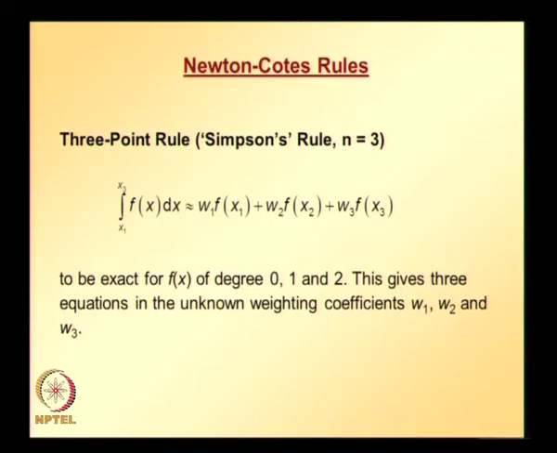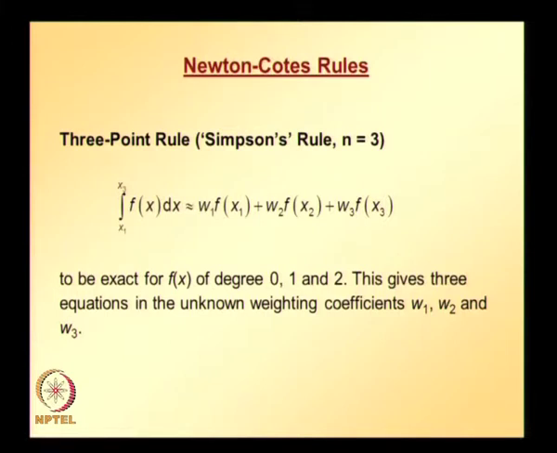Basically, if you see the 3-point rule, it is going to be exact for a function of order 2. If you take the trapezium rule, it is going to be exact for a function of order 1, and if you take the rectangle rule, it is going to be exact for a function of order 0. So what we can conclude from here is that if you adopt n points in Newton-Cotes rules, we can integrate a function of order up to n minus 1 accurately.